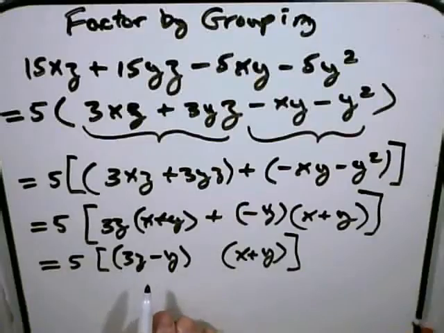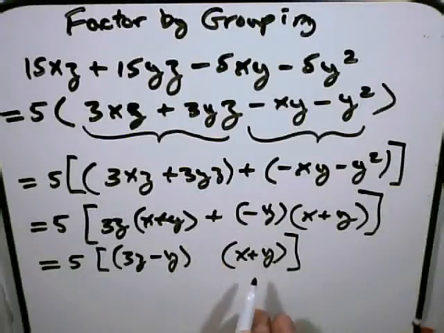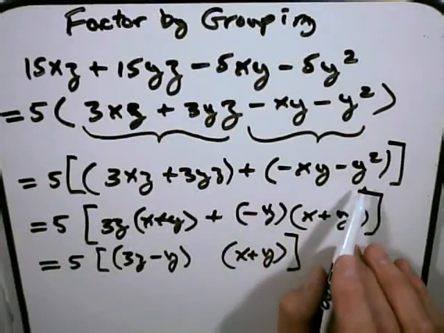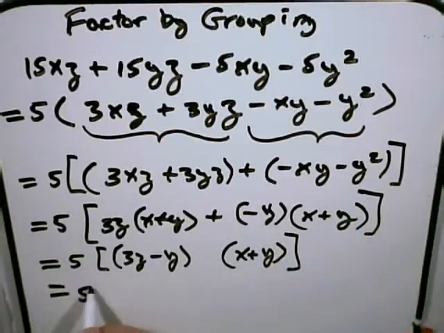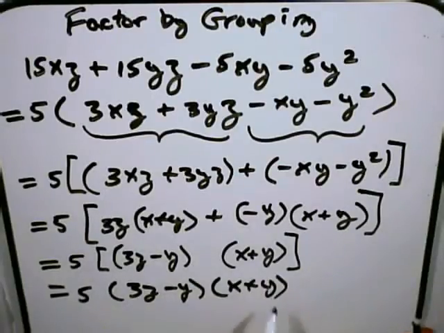So I'm going to tell you that this binomial times this binomial actually works backward up to this binomial here. Because we take the 3z by the x plus y, take the minus y by the x plus y, and eventually we'll come out to this version here. So notice what happened here. My factoring came out to be 5 times (3z minus y) times (x plus y).